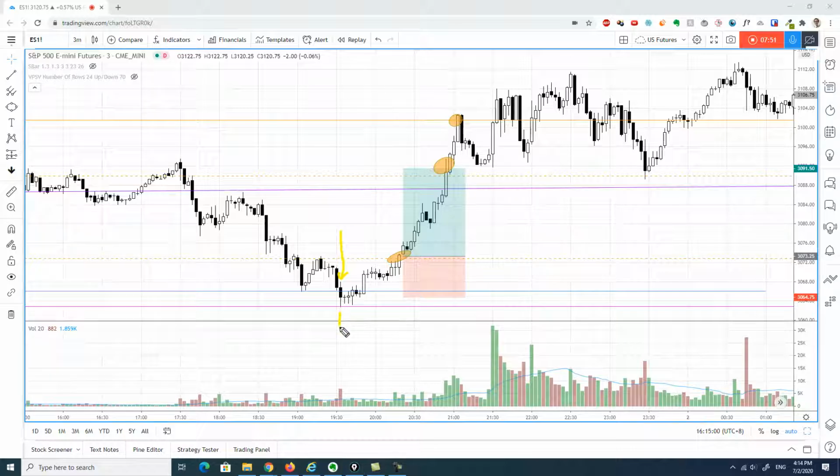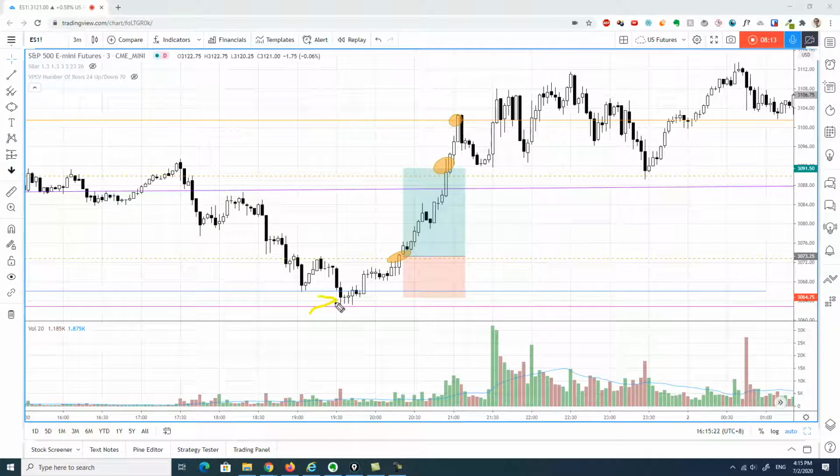You can see that we have a demand tail here, so some kind of demand was in here. And if you compare this bar and the previous bar, although we have a lot of volume pickup, in terms of the spread and the close, it's not as bearish as the previous bar. So definitely there was some kind of demand in here.